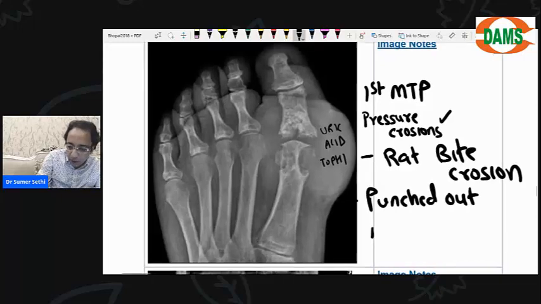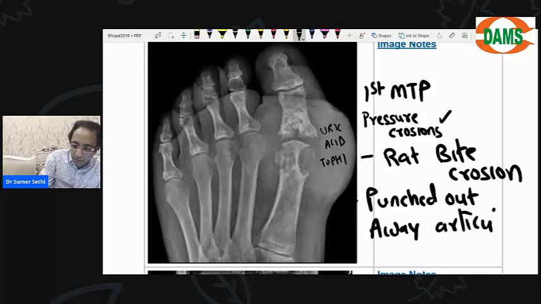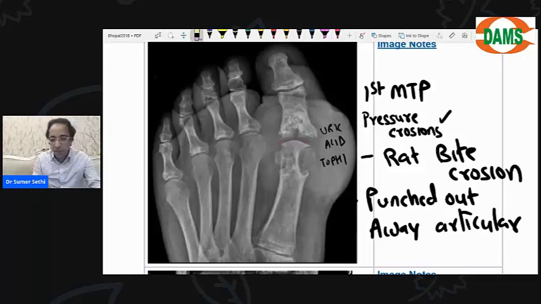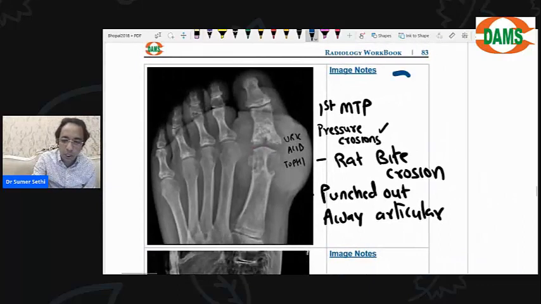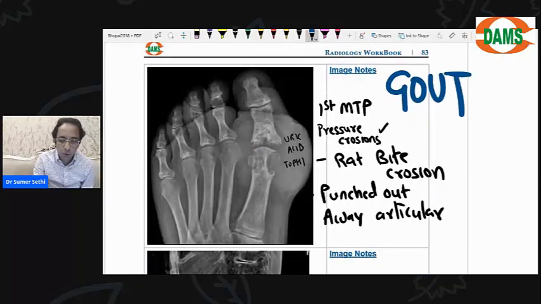And the key is they are away from the articular surface. Look at these erosions, this joint here is a little away from it. So they are away from the articular surface. What do you think we are looking at? We are looking at X-ray of gout. So this is how you identify gout in the exam.